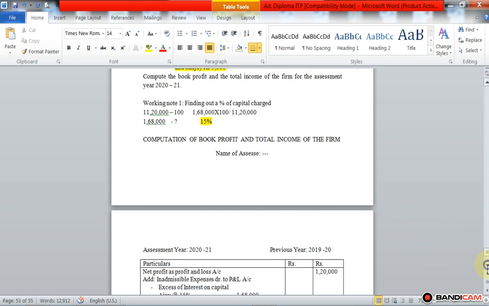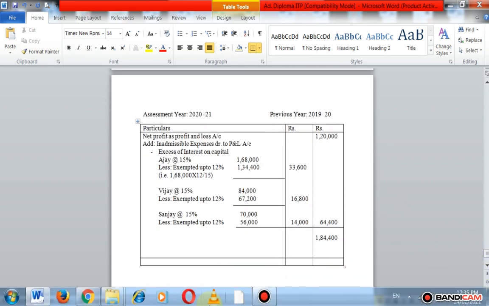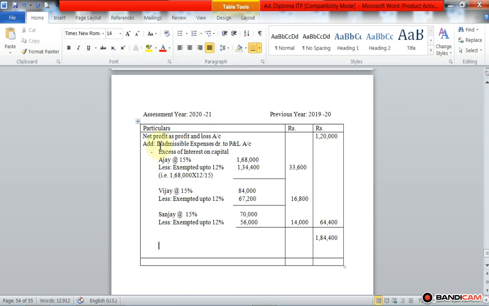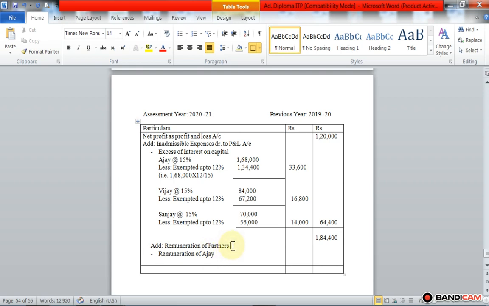Then we directly add remuneration of partners.